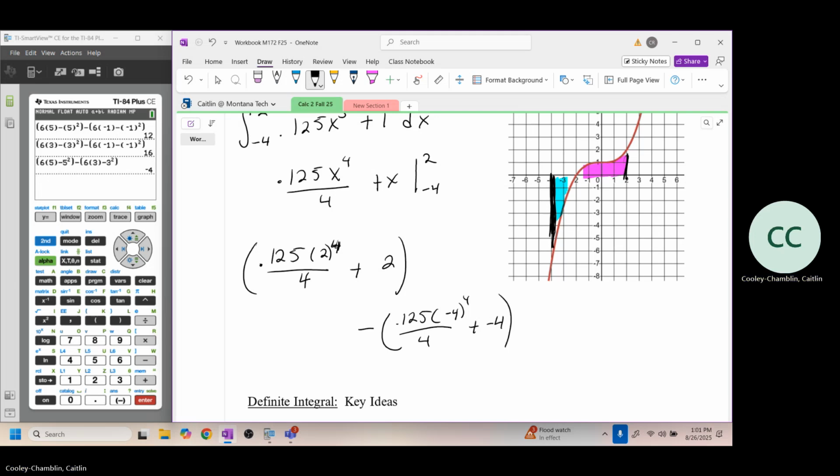Okay. So open parenthesis, 0.125 times 2 to the 4th divided by 4 plus 2. So that first whole parenthesis, I'm just typing in as I see it, and then minus, open parenthesis, 0.125, open parenthesis, negative 4 to the fourth.